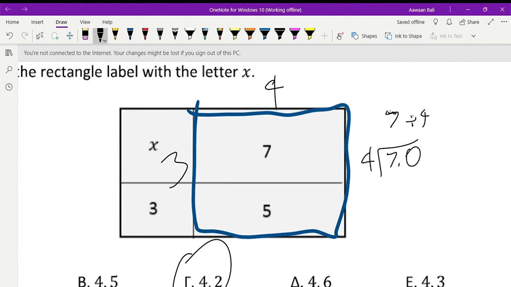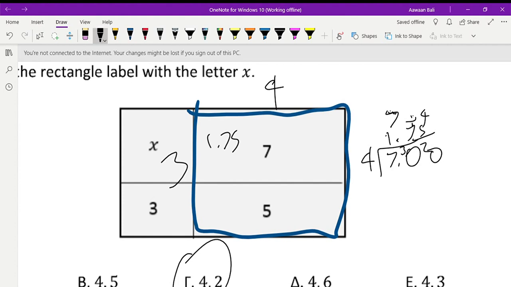We put the 0 there because we know it doesn't divide exactly. 1.75. That helps, I guess. So let's say that's 1.75.